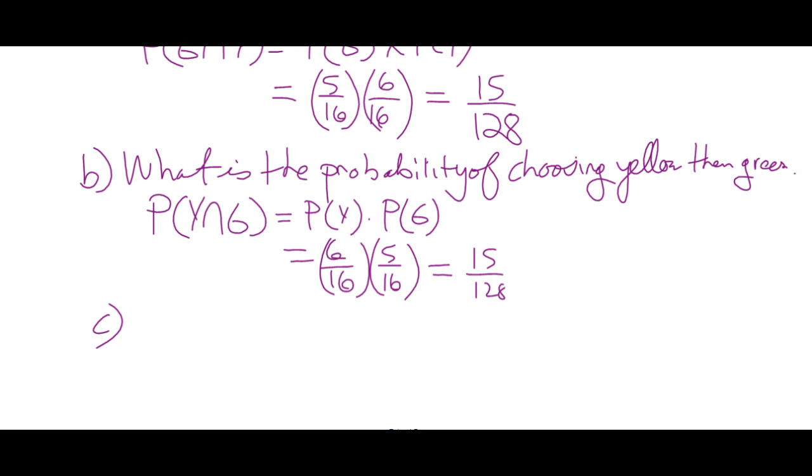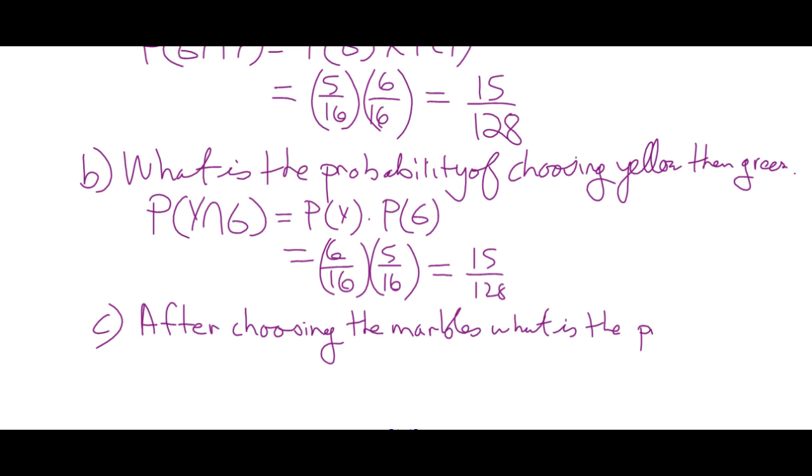And the last question, which likely on an exam would be the only question, right? So instead of asking these first two, here's a way to ask just one question, right? After choosing the marbles, what is the probability that one was yellow and one was green?